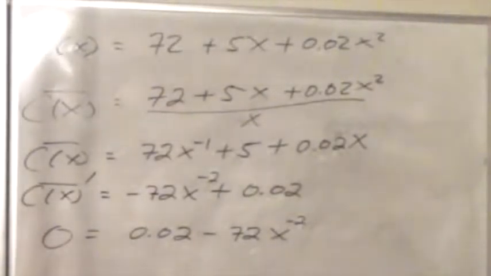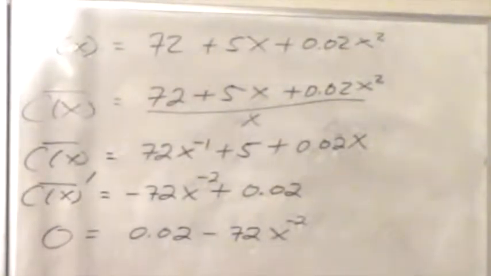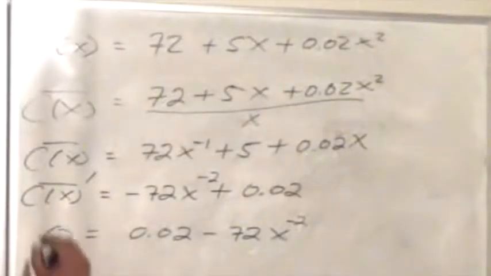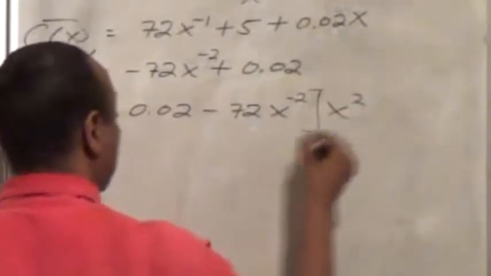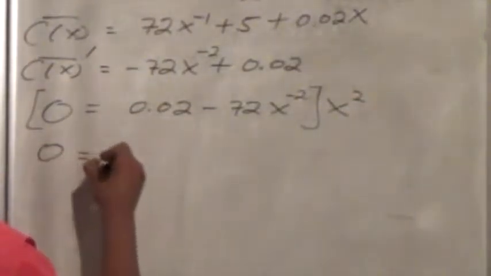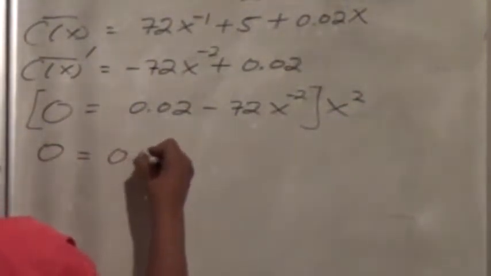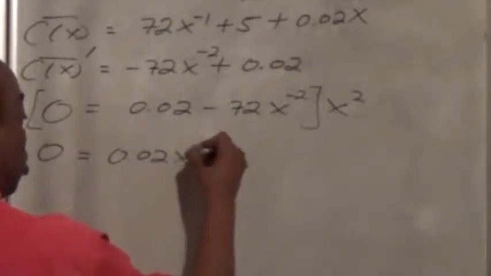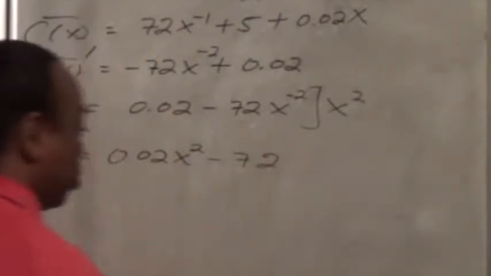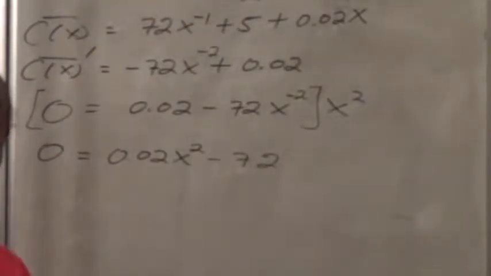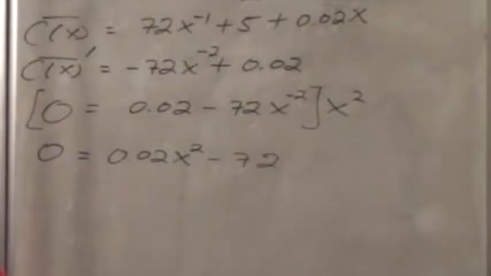I'm going to do this by multiplying everything through by x squared. Now that I have 0.02x squared minus 72, I'm going to divide all terms by 0.02.